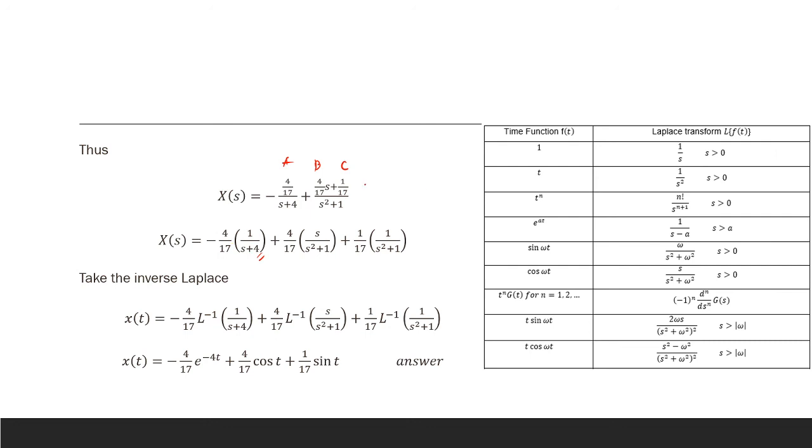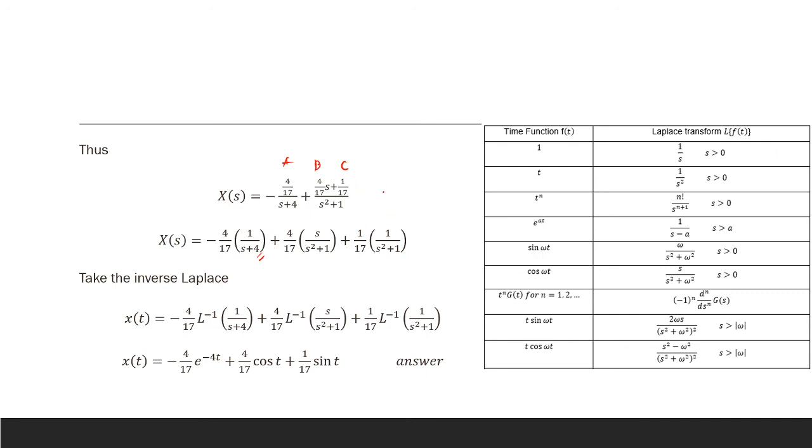Next, ang gawin natin dito sa pangalawa class is paghiwalay natin yung 4 over 17S plus 1 over 17 S squared plus 1. Gawin natin 4 over 17S over S squared plus 1 plus 1 over 17 over S squared plus 1. So, ilabas natin yung 4 over 17 muna. We'll have 4 over 17 times S over S squared plus 1. Next, ilabas naman natin yung 1 over 17.